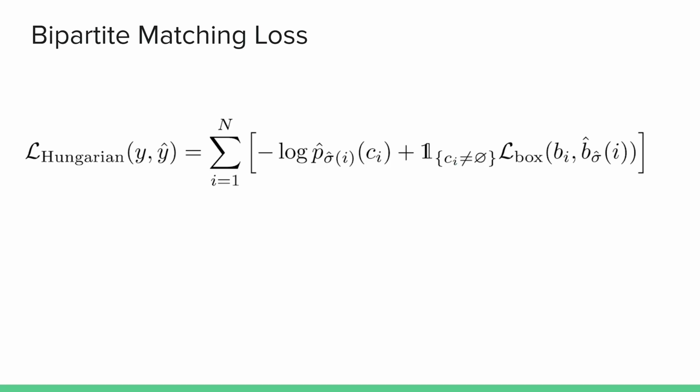Now, how to compute this is the following. The loss that you're feeding into the Hungarian algorithm is first the standard cross-entropy loss for the classification label. We know this, if we have classification, the standard cross-entropy loss can be used to compute this.